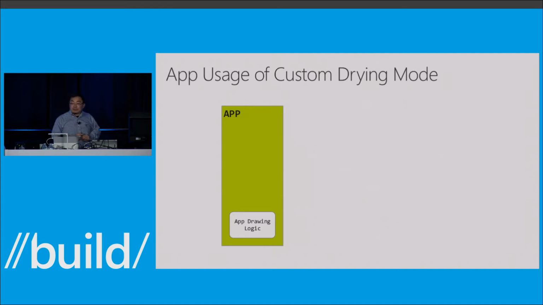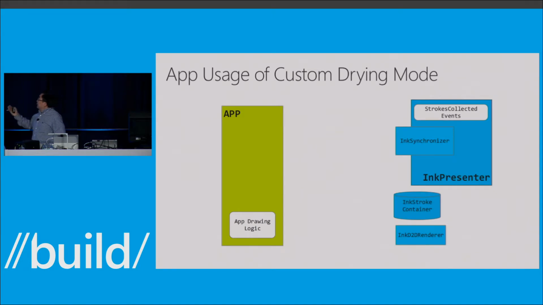There are samples in the SDK to teach you how to do SIS and VSIS. Then, the application creates an instance of ink presenter. You get the instance of ink presenter from ink canvas, just like Francis showed you. And then you create an instance of ink synchronizer, InkStroke container, and the dry ink renderer, which is called ink D2D renderer.